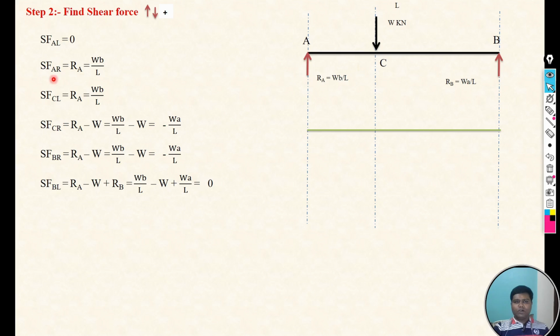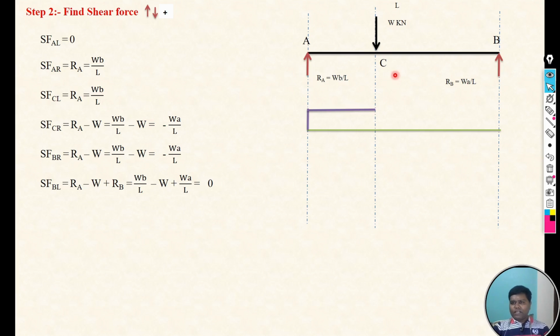Exactly at A right the value is plus WB by L, so it is positive. The shear force at C left is again WB by L, meaning the magnitude at A right and C left is the same. It means the shear force diagram from A right to C left is constant, with value WB by L.